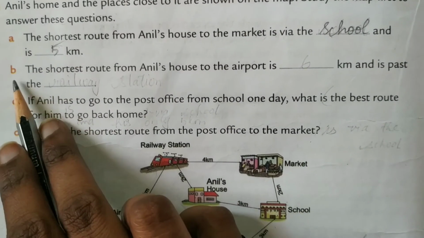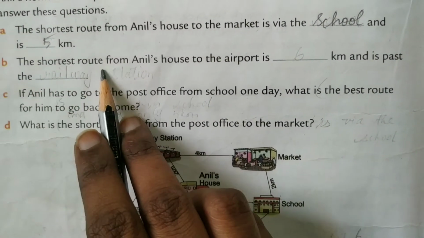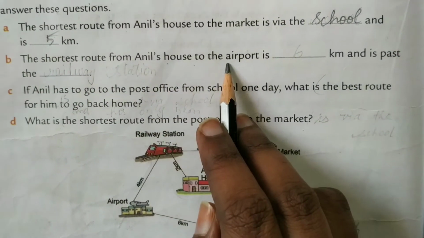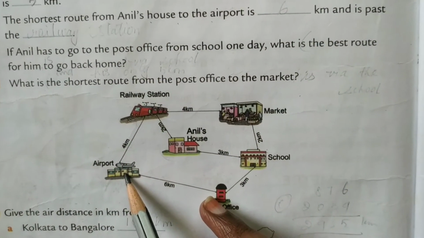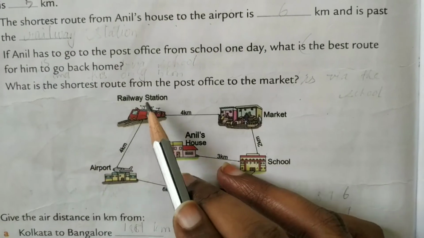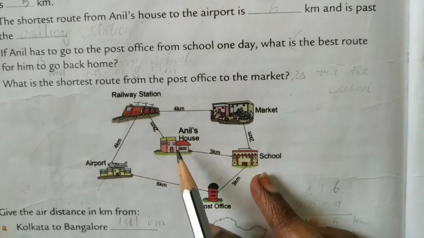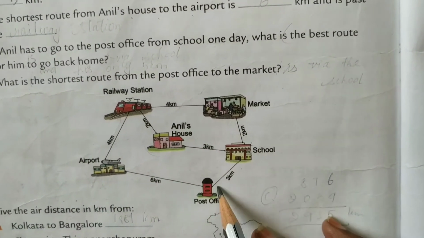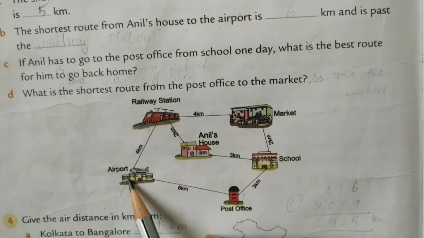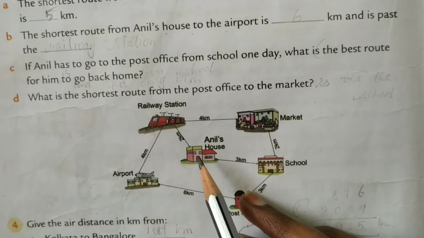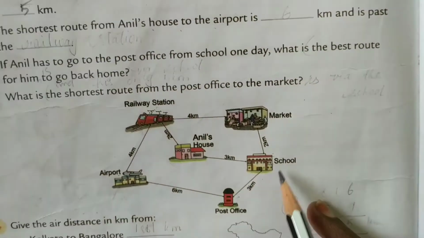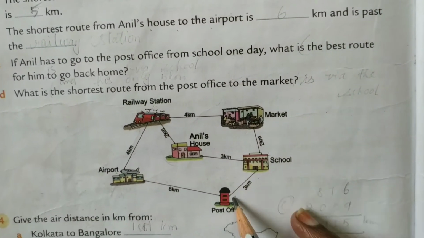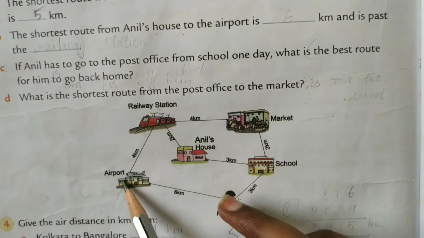Okay, now coming to the B, the shortest route from Anil's house to the airport. Same way, from Anil's house to the airport, two ways he can come. He can go to the railway station and come to the airport, or else he has to go to school, then to the post office, and then to the airport. So when we add 2 plus 4, this is only 6 kilometers. But when he comes this way, 3 plus 3 gives you 6 and 6 plus 6 gives you 12.